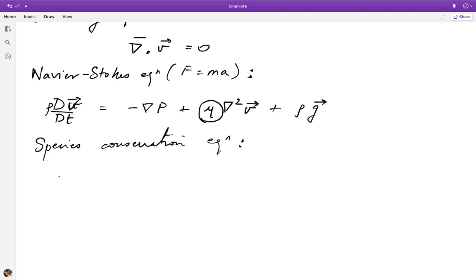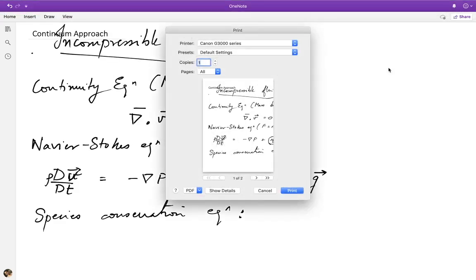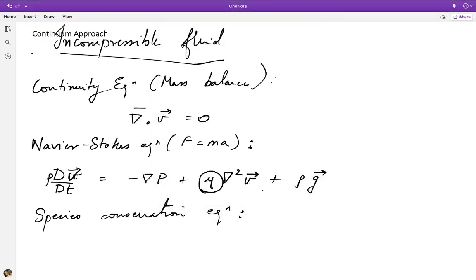Right, so if C is the concentration field, which denotes, let's say, the mass per unit volume, or it could be the moles per unit volume of a species within the fluid, then what we have is the following.